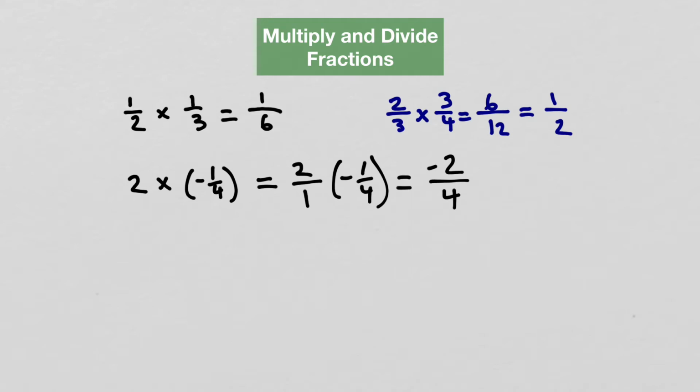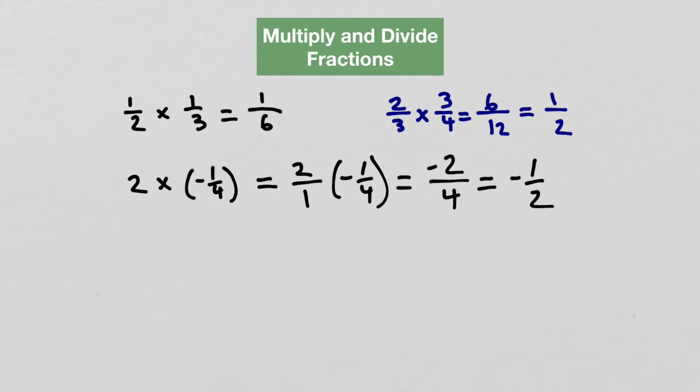Now remember that negative sign could be in the numerator, in the denominator, or right at the divisor. It doesn't matter as long as there's only one negative number, the value is still the same. Now -2/4 reduces to -1/2. Okay, so that's your answer.